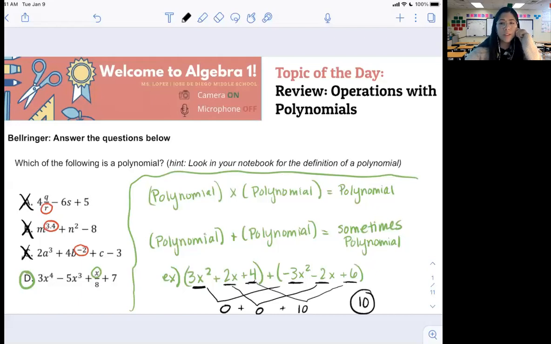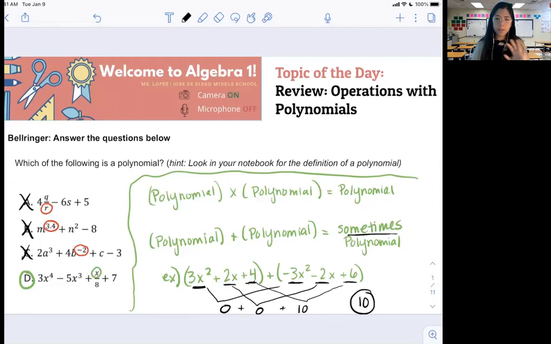Is 10 a polynomial? No, it's not. So when I say sometimes polynomial, that's because sometimes if you try to add two polynomials, this could happen where they cancel each other out and you end up with 0 and 0, and then maybe you'll have just one number left.